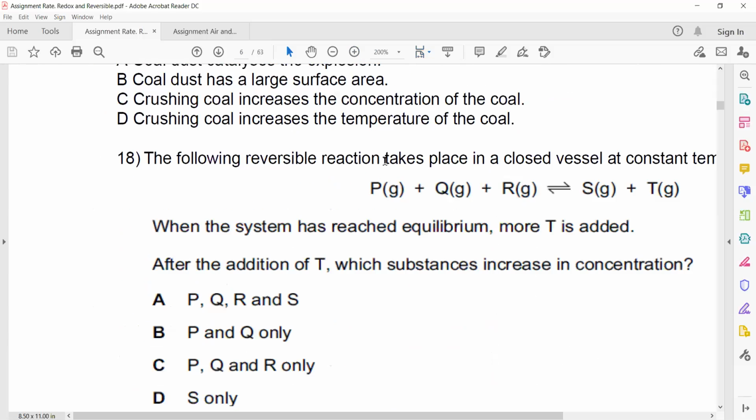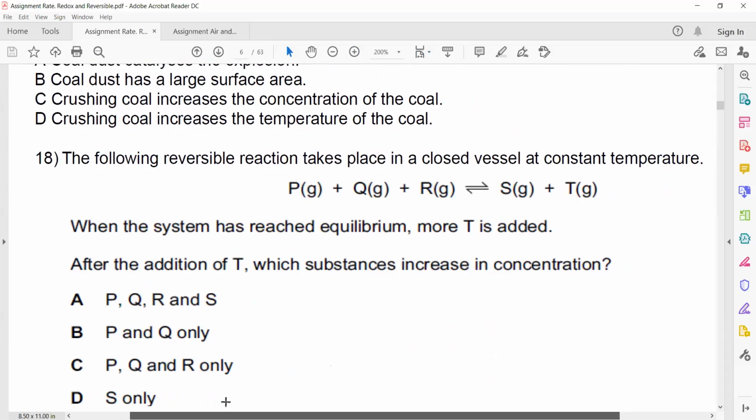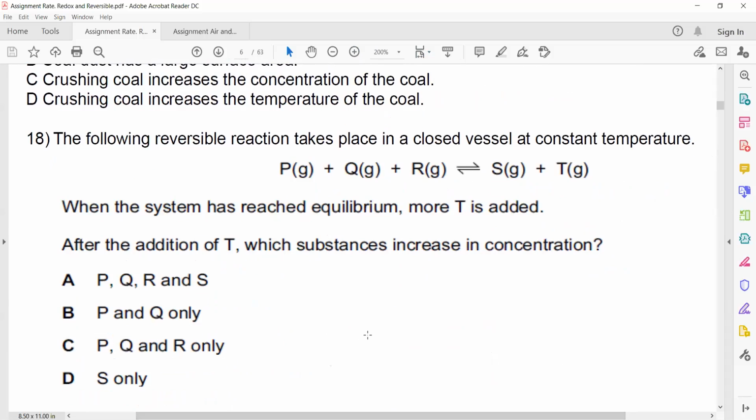Question 18. When the system has reached equilibrium, more T is added. After addition of T, which substance increases in concentration? First thing you should understand, adding T means adding a product. So if I add a product, where will the equilibrium shift?